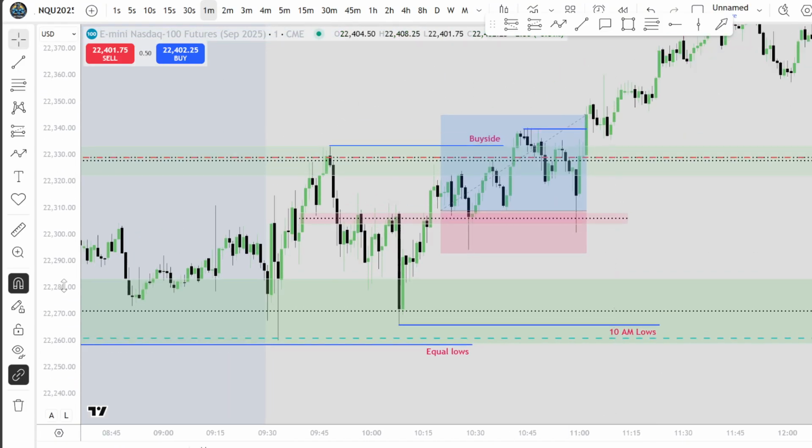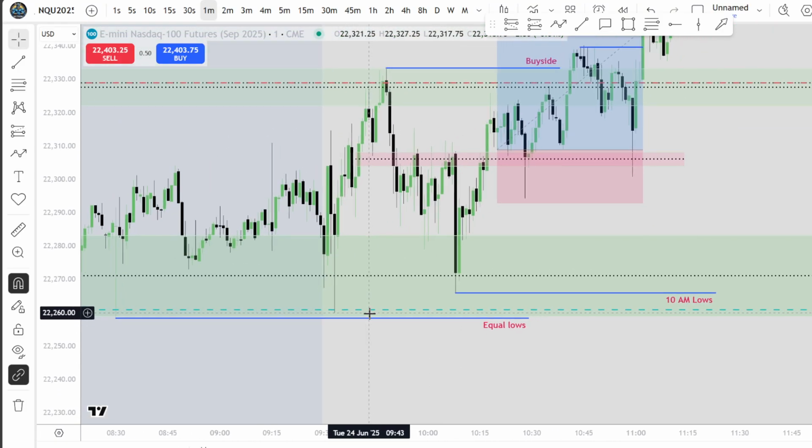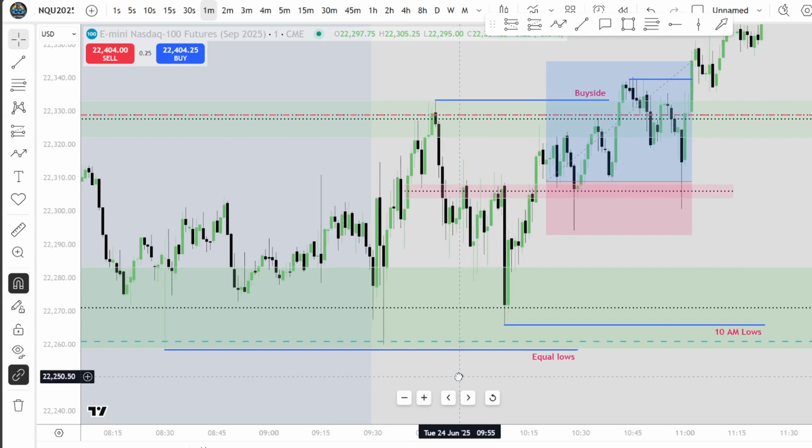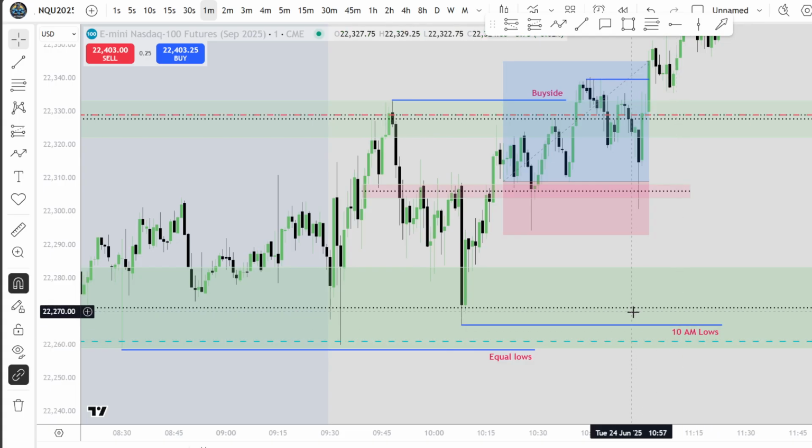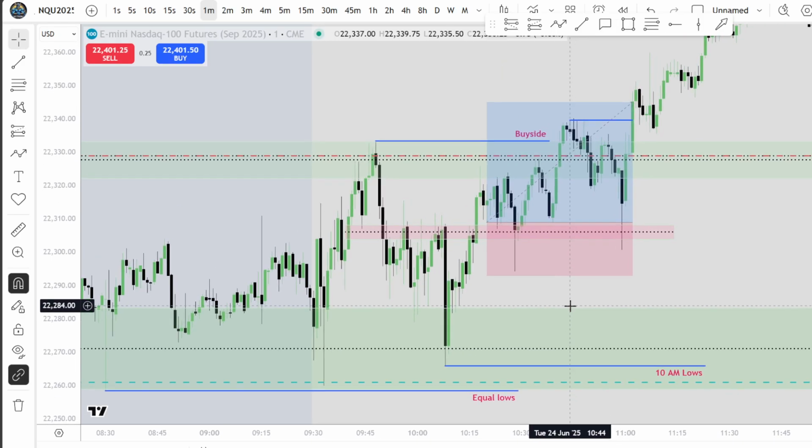I marked out these equal lows, but I also said that probably this is not something that we will be using today, maybe later. I marked up even 10 AM lows, because the lunch hour often takes out AM lows, even if we are bullish. But we were so bullish that we didn't even go there, and it was too far away.